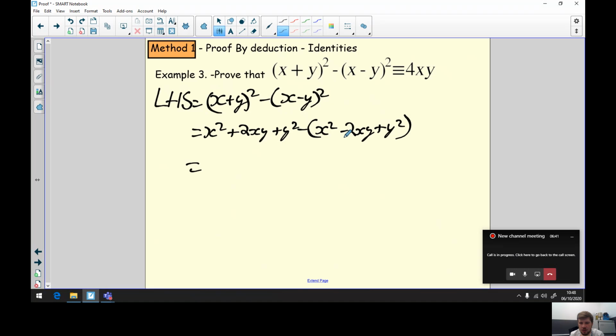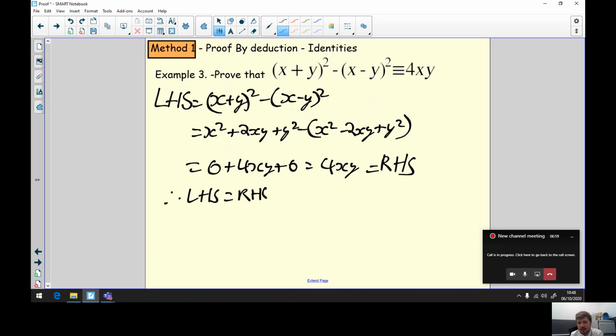So when I subtract them, x squared take away x squared is 0, 2xy plus 2xy is 4xy, and then the y squared terms go to 0 as well, so it's 4xy, and this is equal to my right-hand side. So therefore left-hand side is equal to right-hand side, which is what is required. So for identities, we simply look at one side and try to rearrange it to equal the other side.